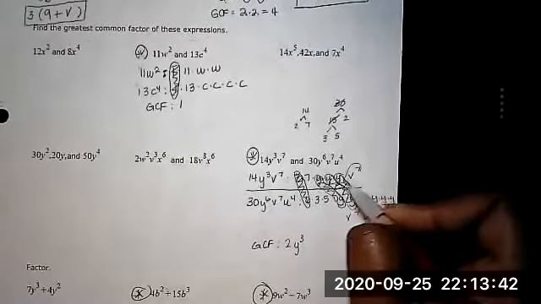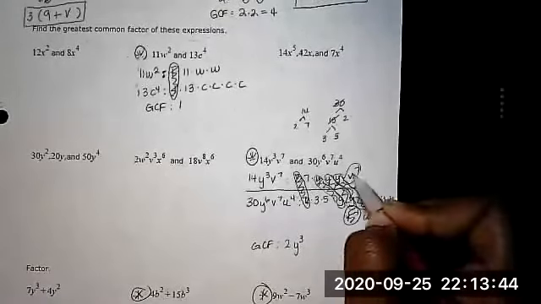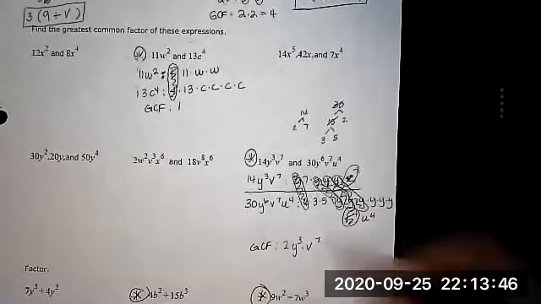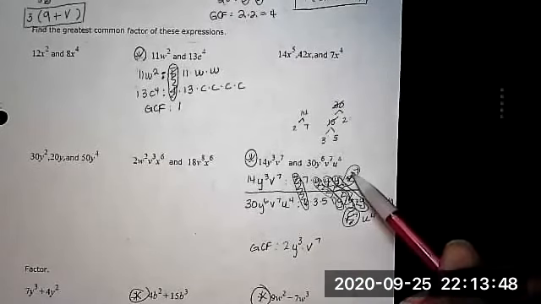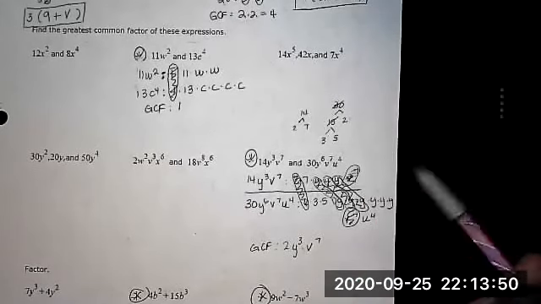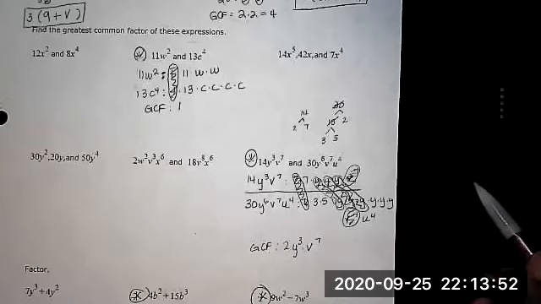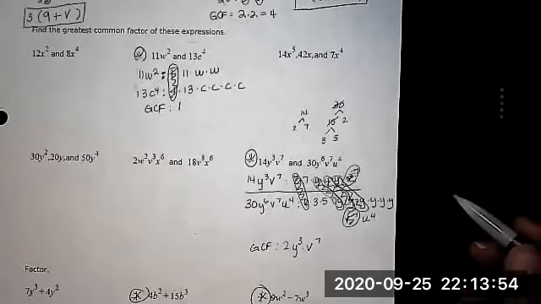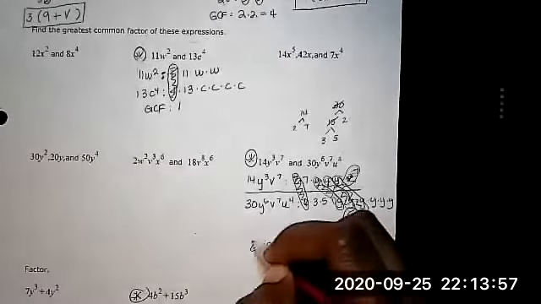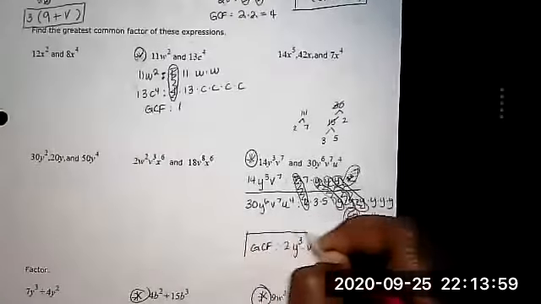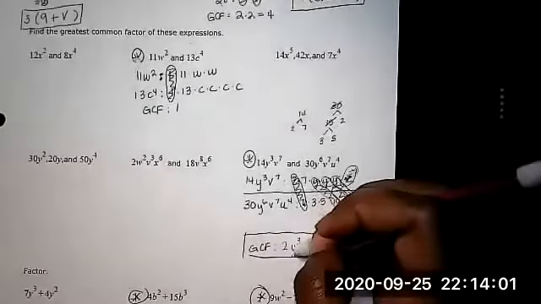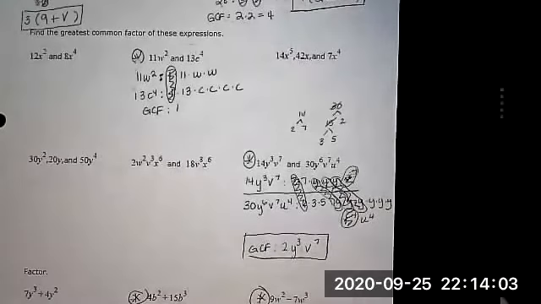Looks like v to the 7th is common. Anything else? There isn't any more y's up here, so it can't be common. Nope, that looks like it's it. So the greatest common factor in this situation is 2y cubed, okay, and then v to the 7th.